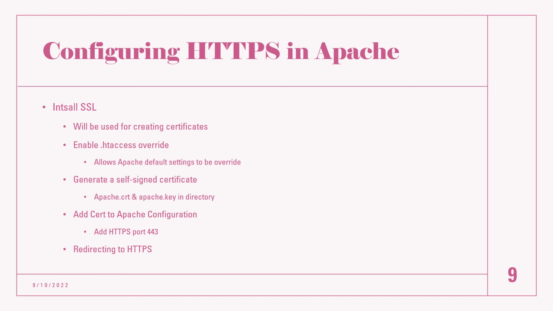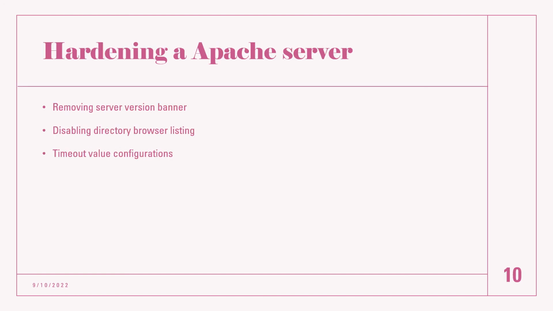We'll want to redirect users without an SSL endpoint to SSL. So we can do this by writing a rewrite rule for port 80 of the virtual host, which will allow that redirection to happen. And lastly, you just want to make sure you test the server to make sure it's configured correctly.